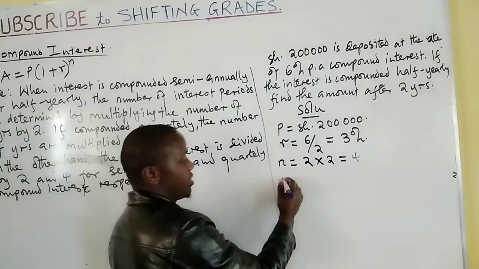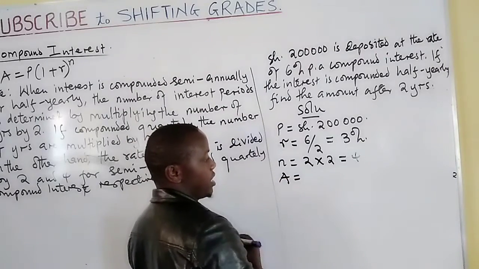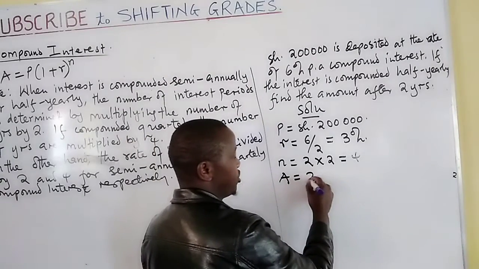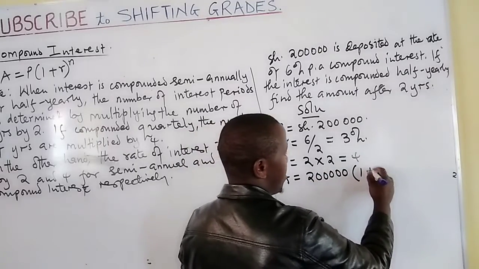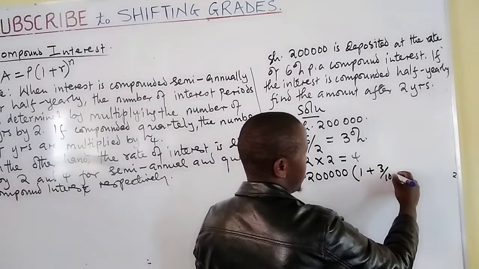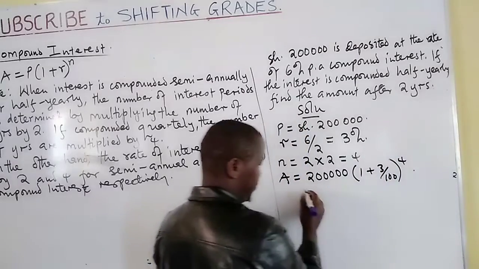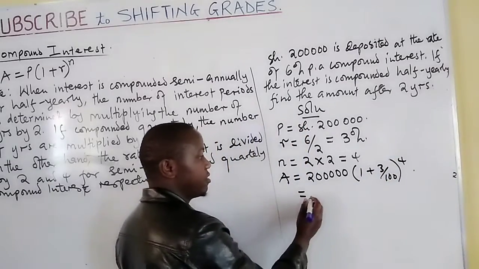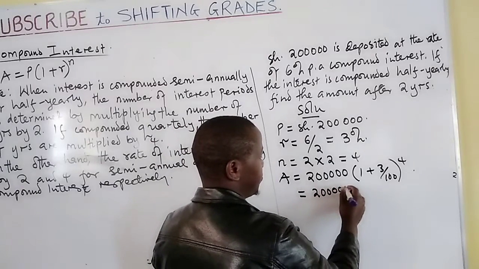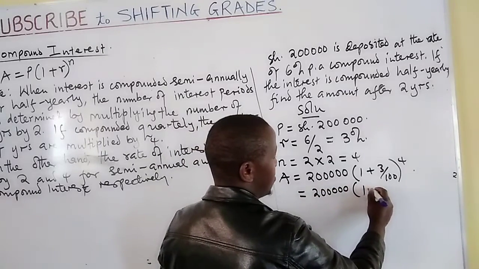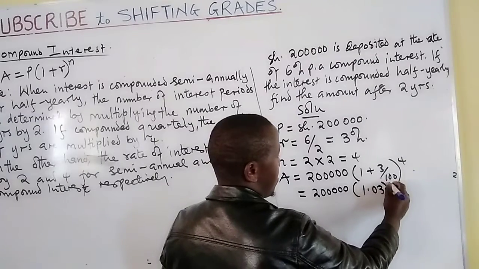Therefore the amount after that time will be given by the principal, the money deposited, times 1 plus the rate of 3% raised to 4. So this will be 200,000 times 1.03 to the power 4.